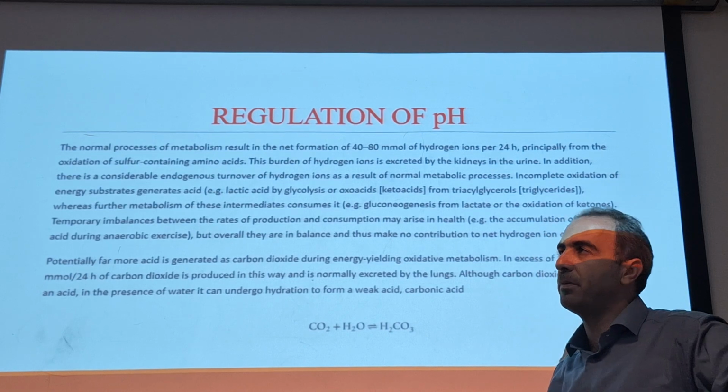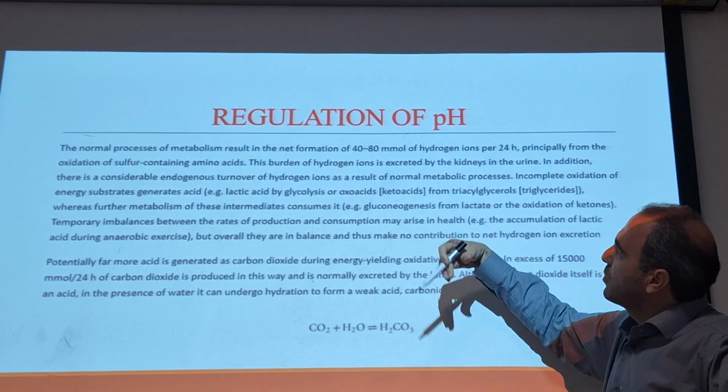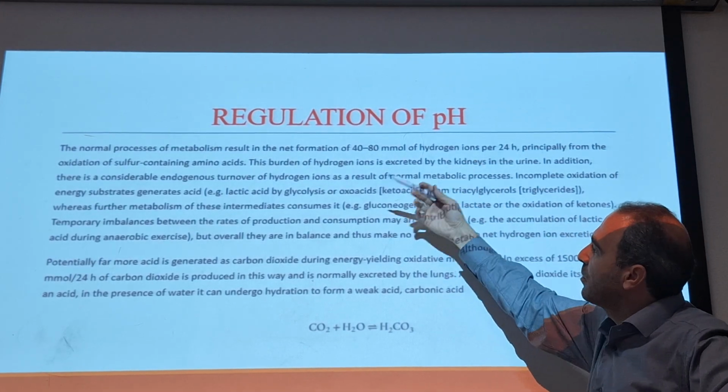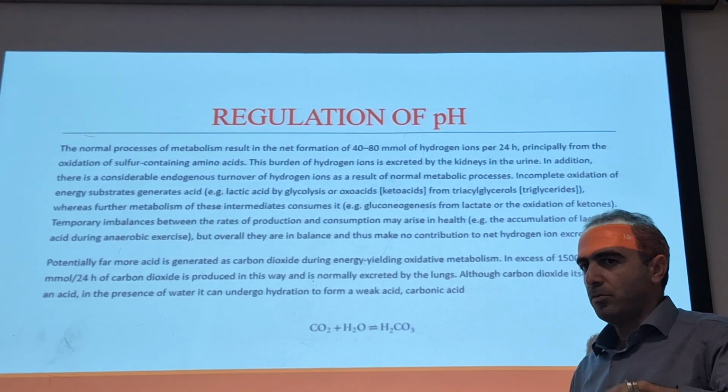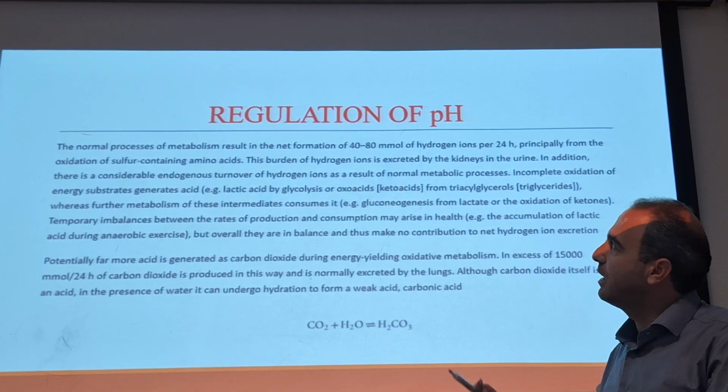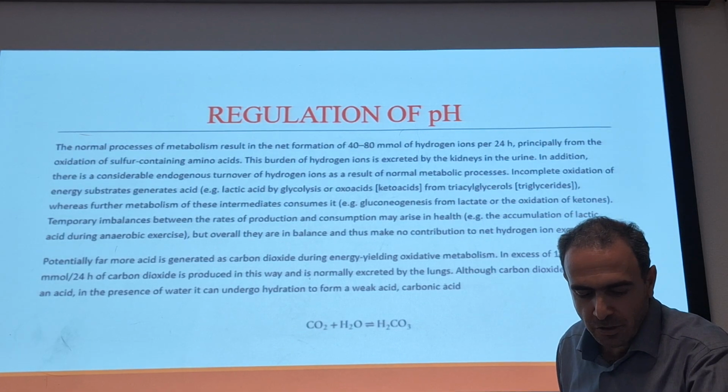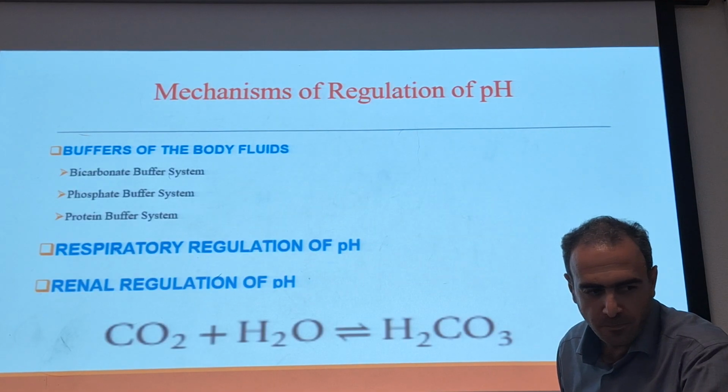You learned them in the previous semester. So sometimes we produce this hydrogen, sometimes we use it, and all the time we have to return the pH to the normal value.